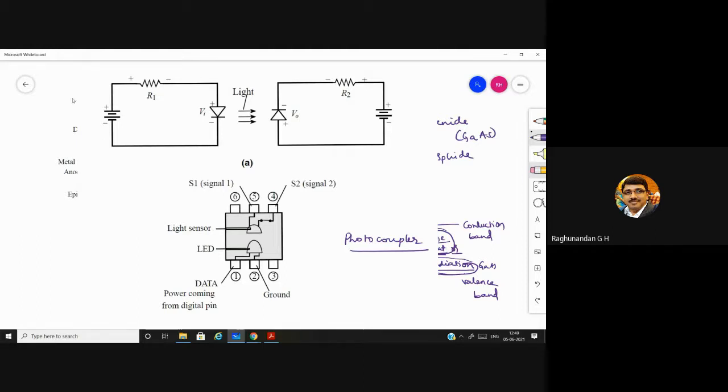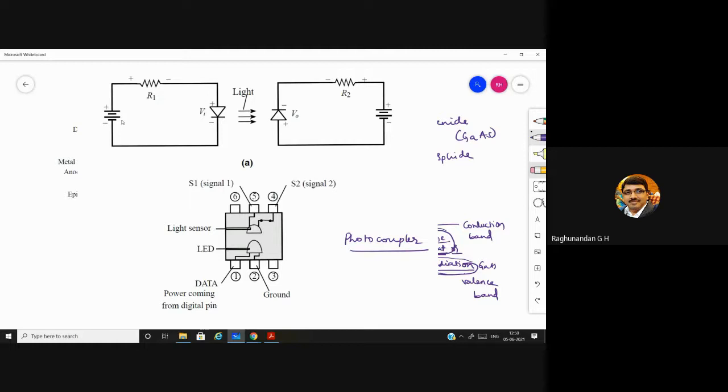So here what happens in the photocoupler is that the source, just for our understanding, we have shown as a battery. Actually this is the source. Suppose I am speaking, my earphone is the source which is going to convert my sound signal to an electrical signal.